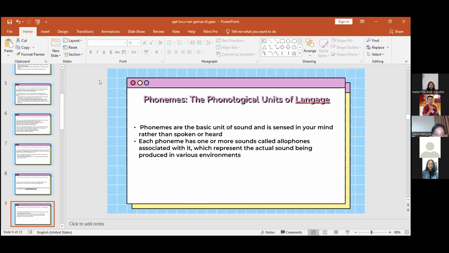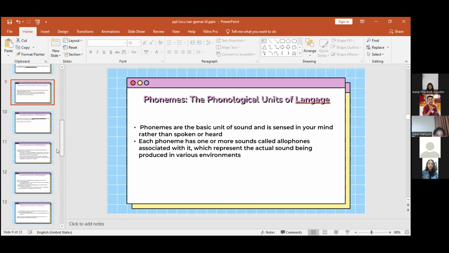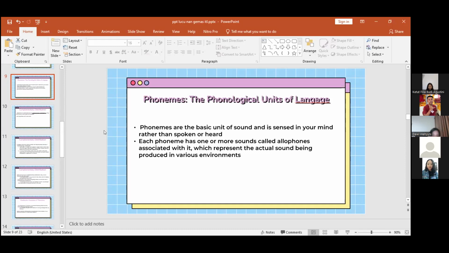So thank you, Dewi, for your explanation about the pronunciation of morphemes in plurals. So me and Novi will continue the presentation about phonemes, the phonological units of language. So the definition of phonemes.